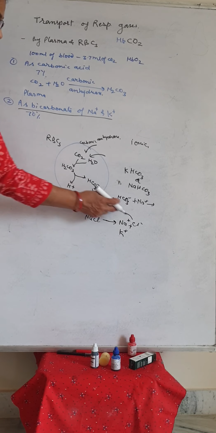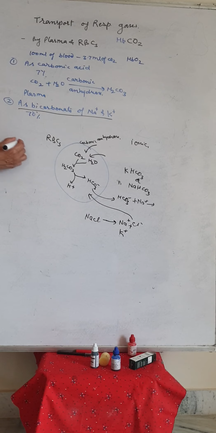This process is called chloride shift, for the balance of ions. This process is called chloride shift or Hamburger shift.